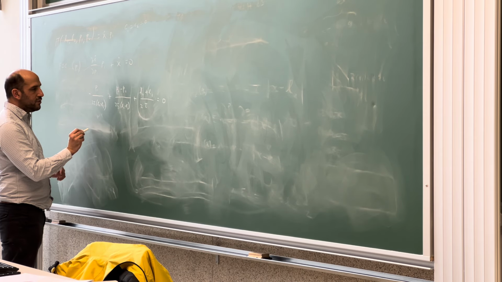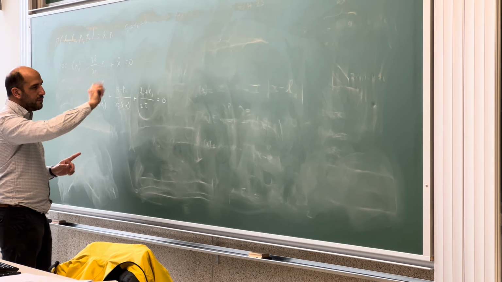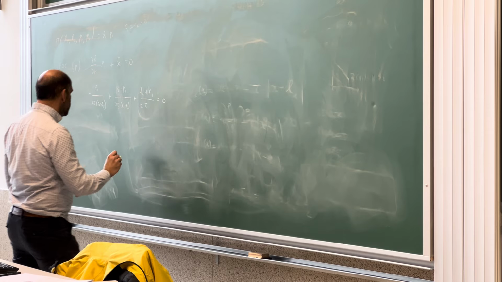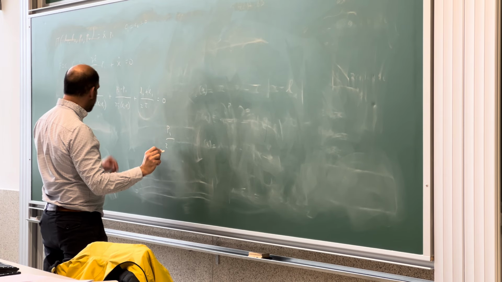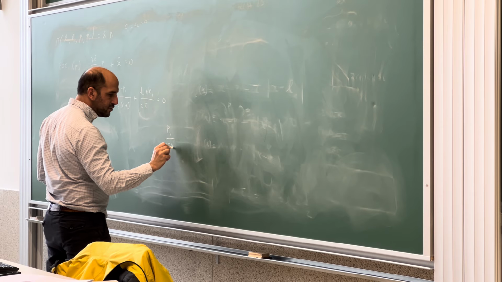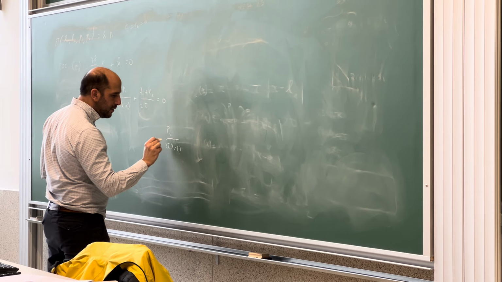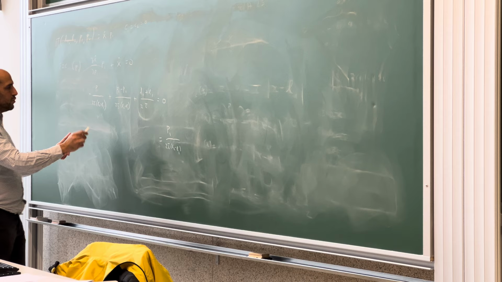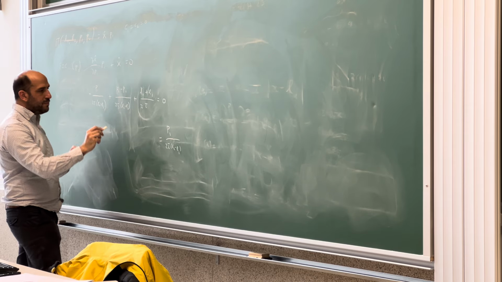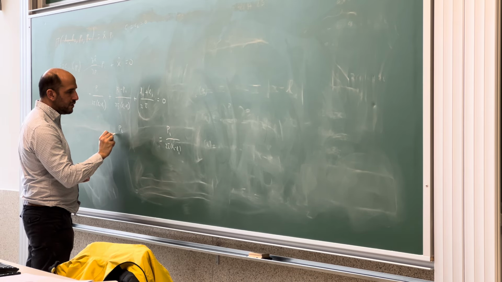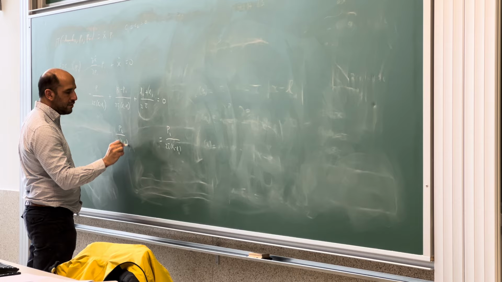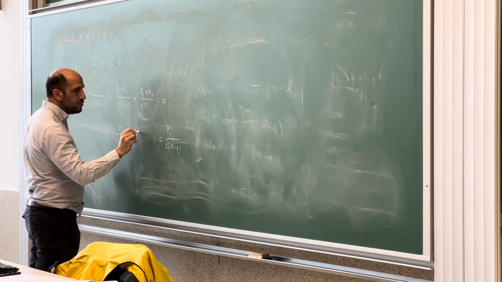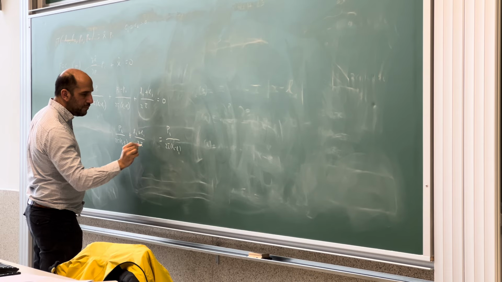So I'm going to have minus 2 P1, so I'm going to put the P1 on this side. I'm going to have minus P1 over tau times L2 minus L1, right? Equals P2 over 2 tau times L2 minus L1, plus L2 plus L1 over 2 tau.